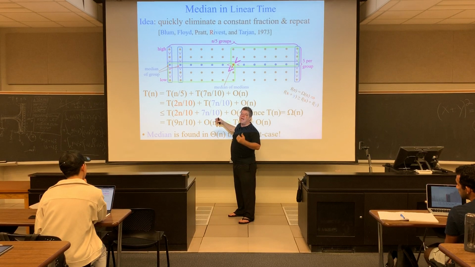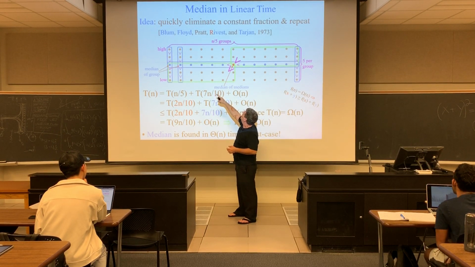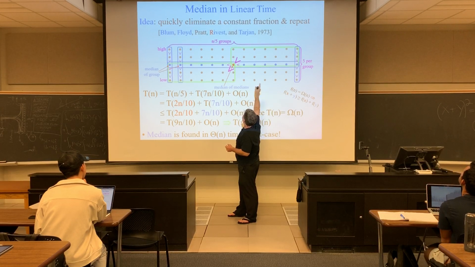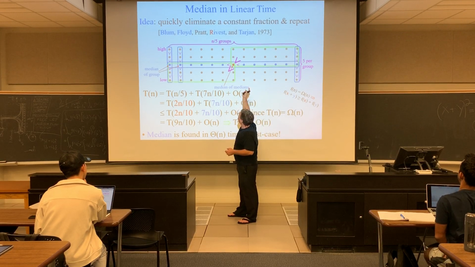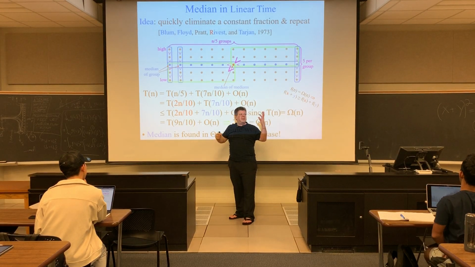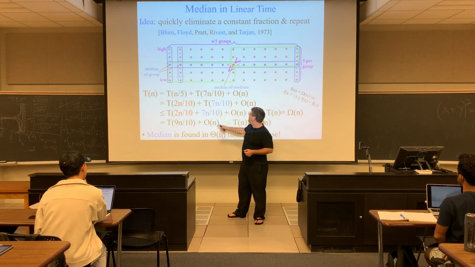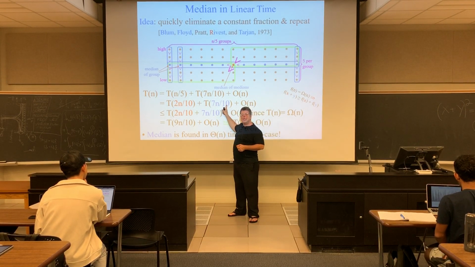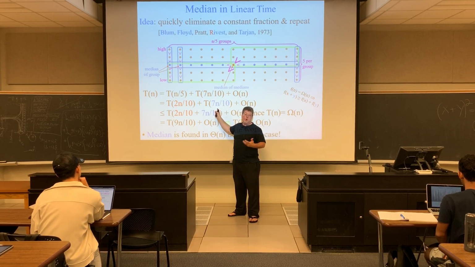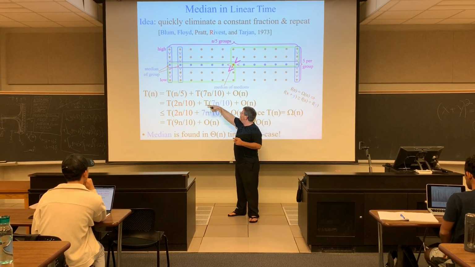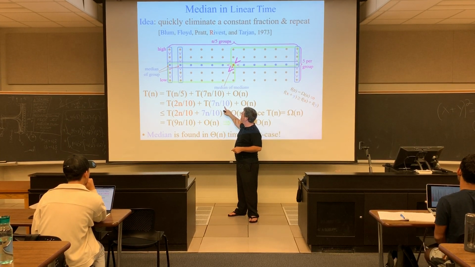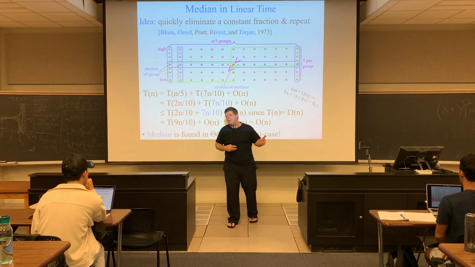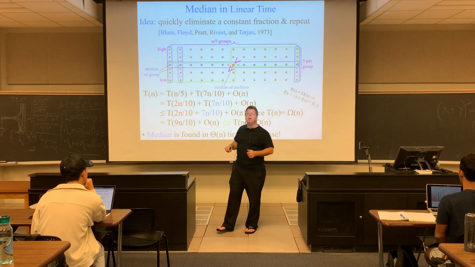Or actually on both halves. 30% are going to be eliminated here, and 30% are going to be eliminated there. Whichever we recurse on, we benefit from this 30% elimination. And we recurse on at most 70% of the remaining ones, or less. But we're computing an upper bound, so we're being pessimistic. And that's why we can say 7/10 here, because it's that or better. And that's still an upper bound.